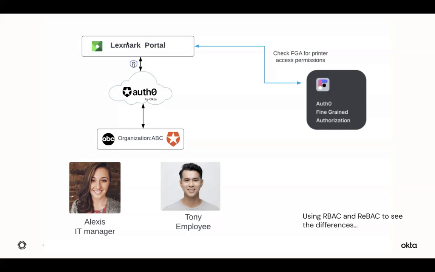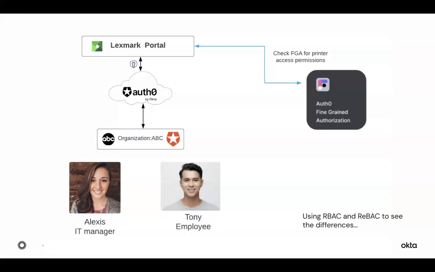So let's imagine a company called ABC. They bought the printers. They actually bought the management service for their portal, and an IT manager can log in to the Lexmark portal and check all the printers. They can assign certain departments or certain employees to use specific printers. They can assign permissions like view printers or manage printers to certain employees.